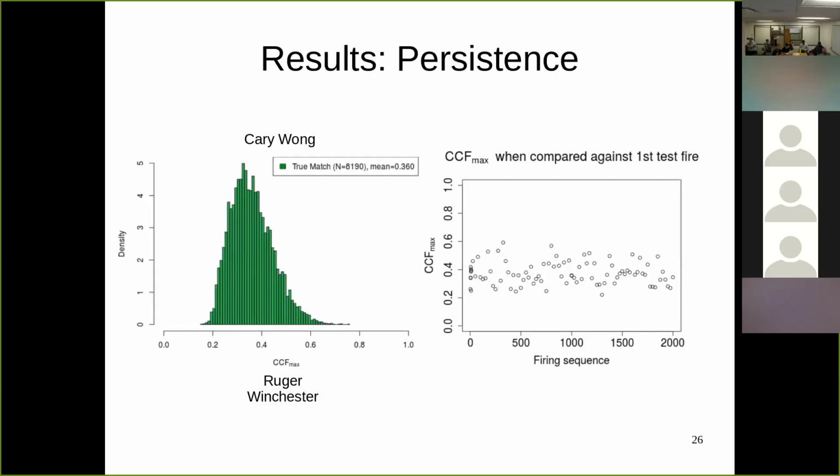If the marks did not persist, then we would see a decline from the first to the 2000th. But in this case, it's pretty horizontal. There might be a slight decline. But another observation that we make is that there's a lot of variability from shot to shot, meaning that from shot 15 to 16, the marks could look pretty different.